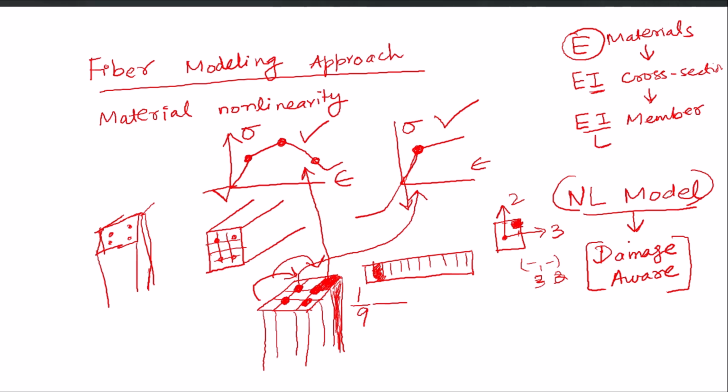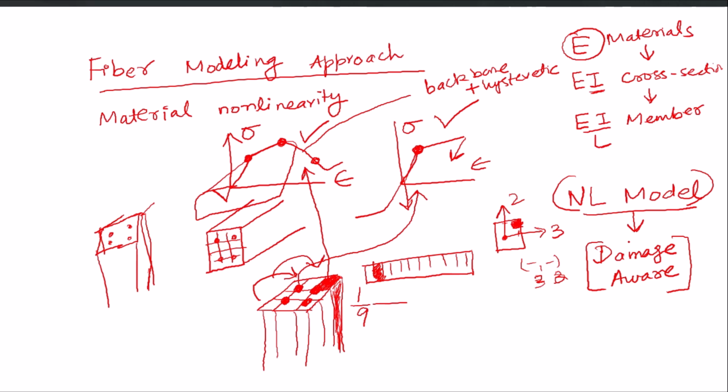And another thing which we have to define while defining the material, along with this backbone, which means the stress strain curve, is the cyclic behavior, or sometimes also called the hysteretic behavior, which means we have to define in the program how this material will be unloading and reloading when there will be reversal of forces or when there will be cycles of loading. So this stress strain curve is the backbone, but it should also be associated with a hysteretic or cyclic behavior, which will tell the program how it should unload and then reload in the same direction.